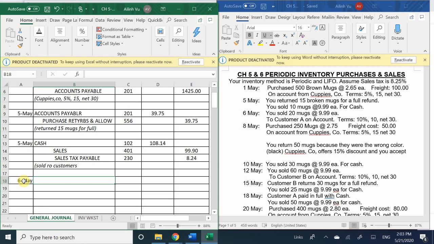Good. So, customer A, instead of receiving cash, what are we receiving? Receivable. Good. What else are we going to be recognizing?